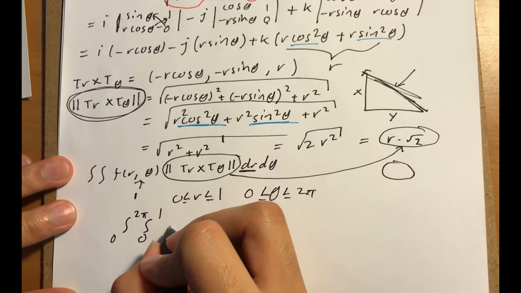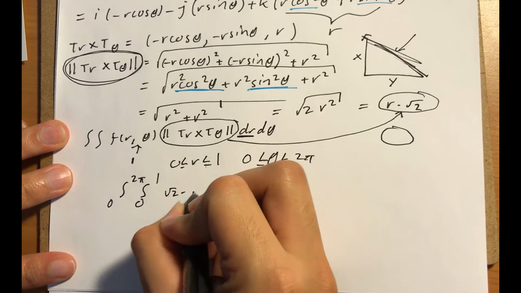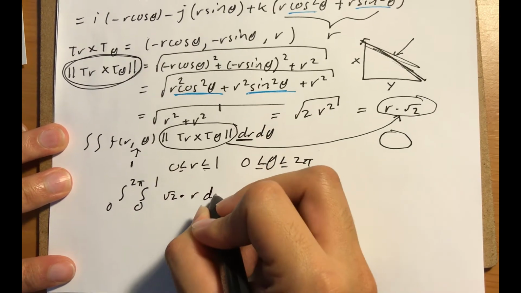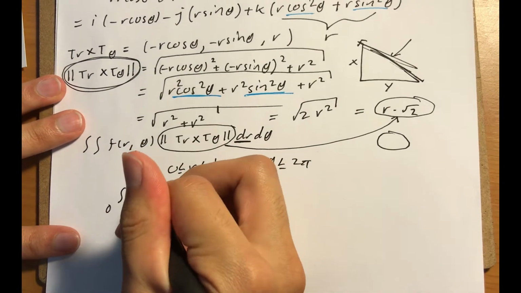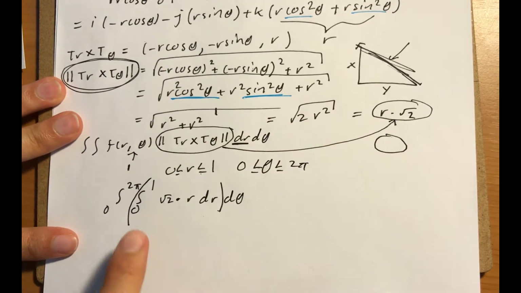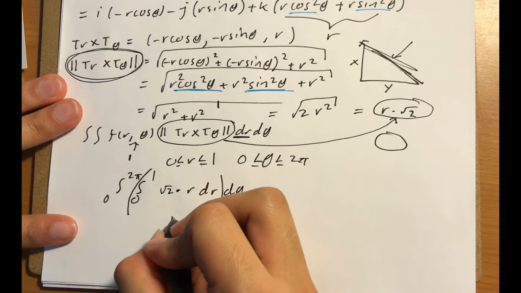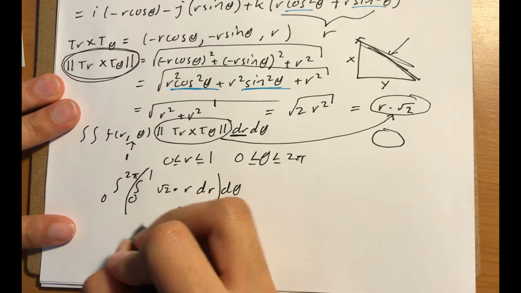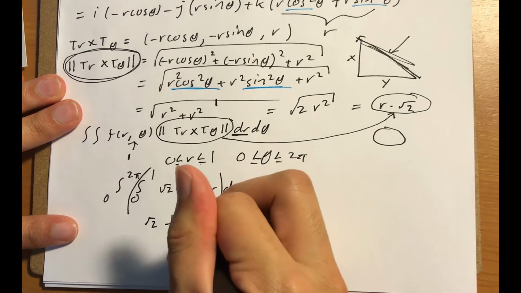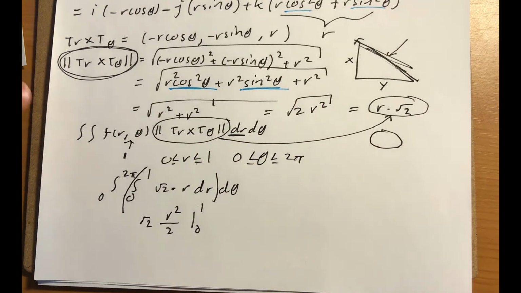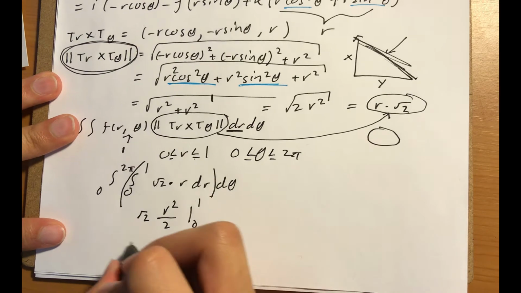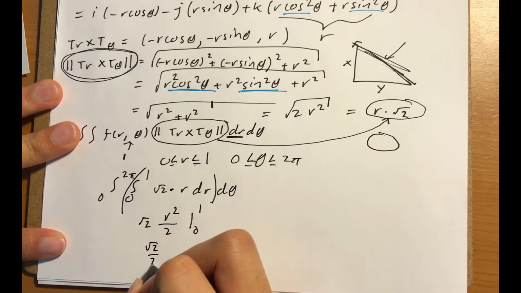So now we have the square root of 2 times r dr d theta. And now this is just a really simple integral to solve. Remember, we want to solve the innermost integral first. So that's r squared over 2 times the square root of 2, from 0 to 1. Remember, this is just like single variable techniques. So we plug that in, and it would just be square root of 2 over 2.